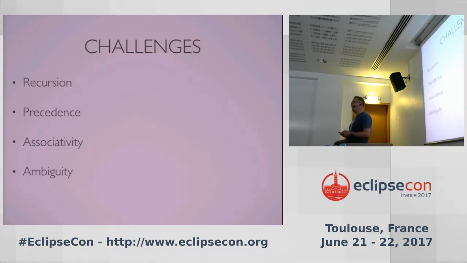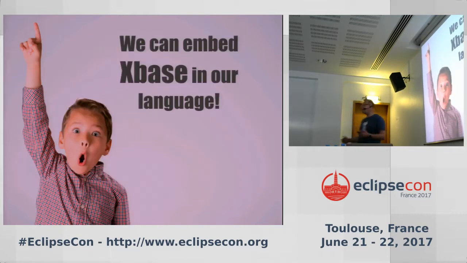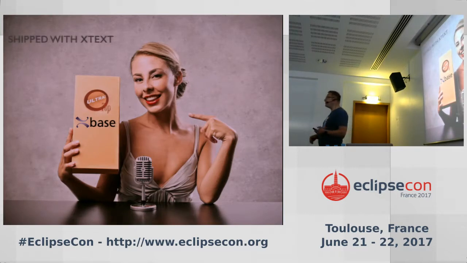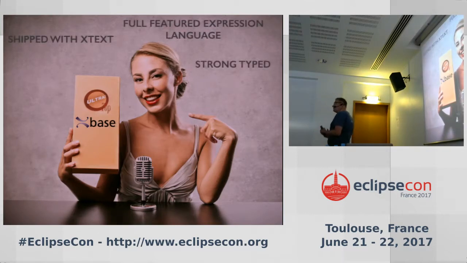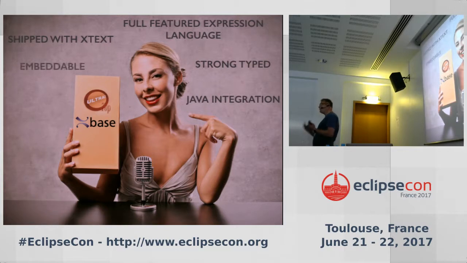And you could use, of course, Xbase in your language. That makes it easy. So you can just say, okay, I have a language that needs expressions, and then I derive from Xbase, and I get everything out of the box, and it's actually quite cool. This is bulletproof. It's shipped with Xtext.